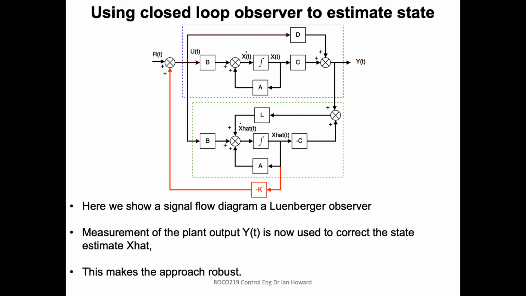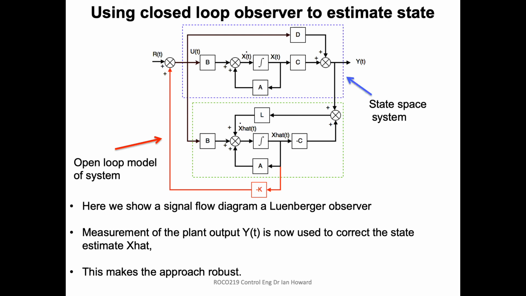Now, you'll probably come across things called Kalman filters as well at some stage, and Kalman filters effectively use the same structure, but they have a much more sophisticated way of estimating what the gain is. They actually look at statistical considerations, and they propagate uncertainty as well in calculating what the gain should be. We're just going to go for a very simple, if you like, pole placement approach for designing this, because that captures the essence of what an observer is.